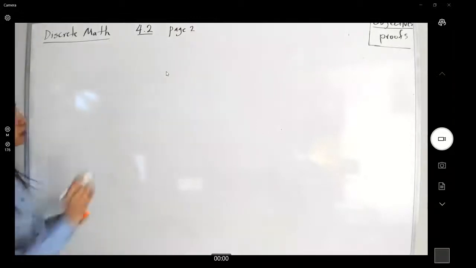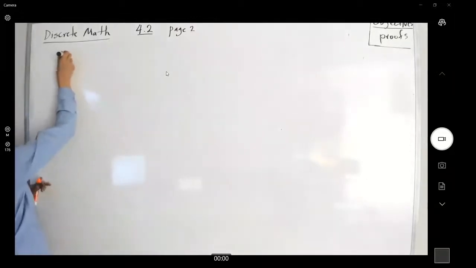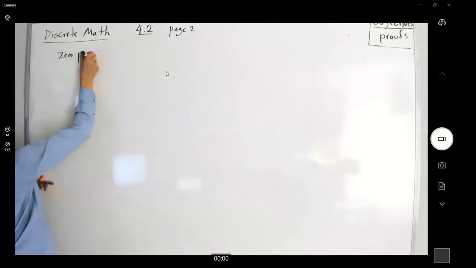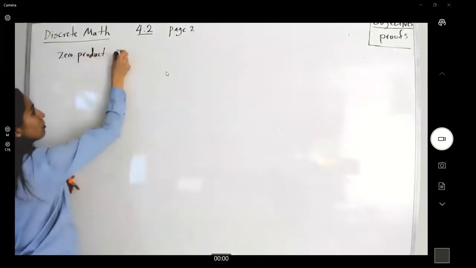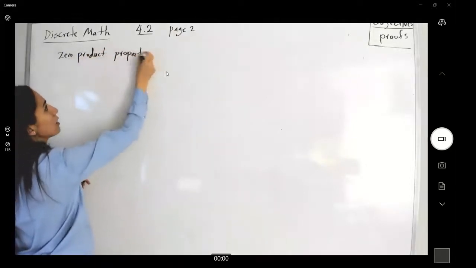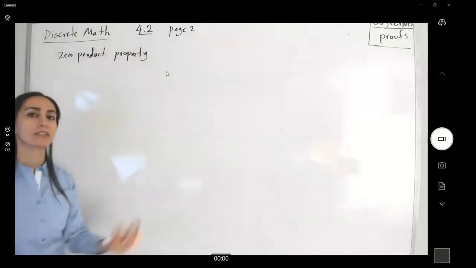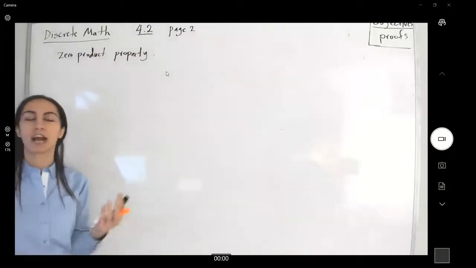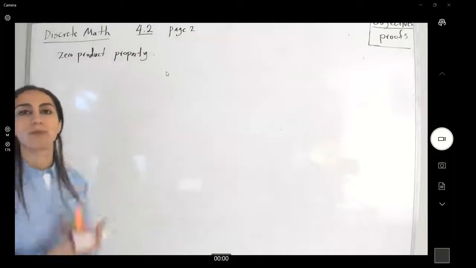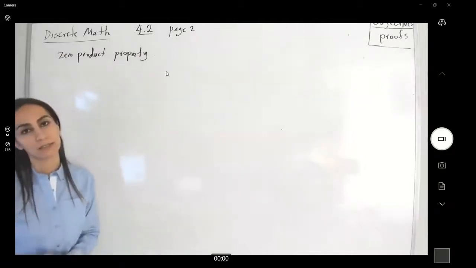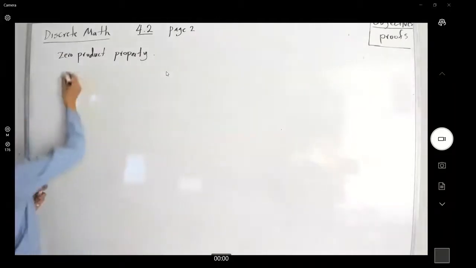Zero product property. You already know this property. You already use this property. You know that if you have 2 non-zero integers and multiply them together, the outcome is non-zero.